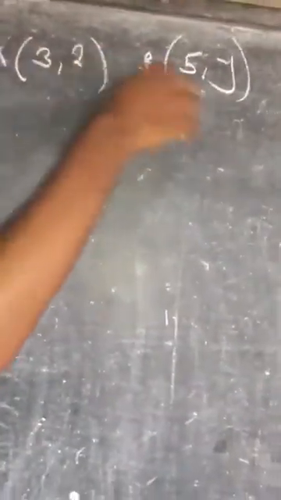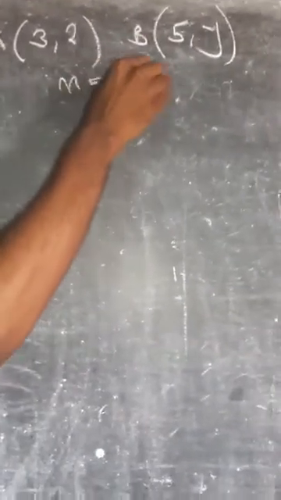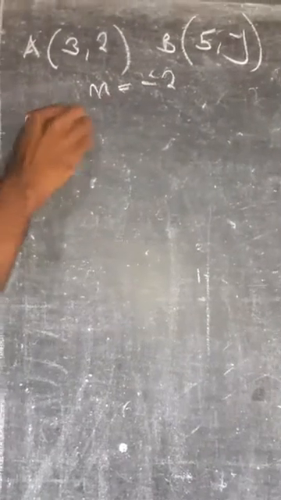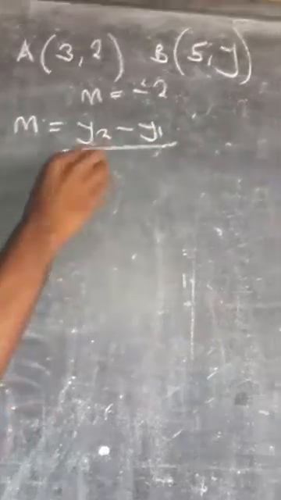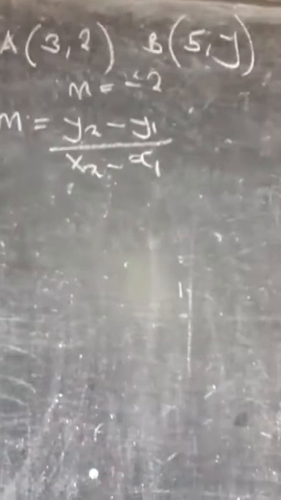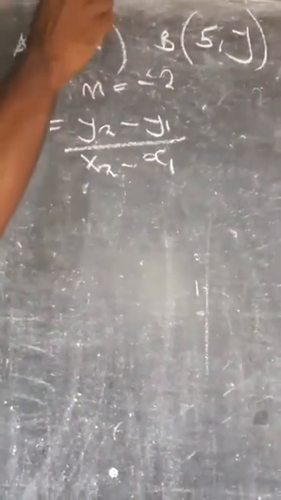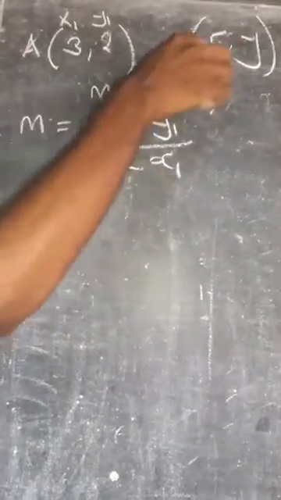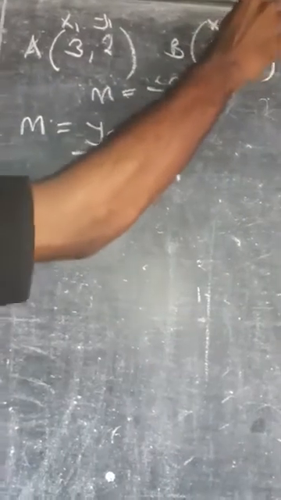So they are saying the gradient of this line AB, m, is equal to -2. So what do we know? We know gradient is equal to y2 minus y1 over x2 minus x1. Looking at these numbers, we can make this our x1, this our y1, this our x2, and that our y2.